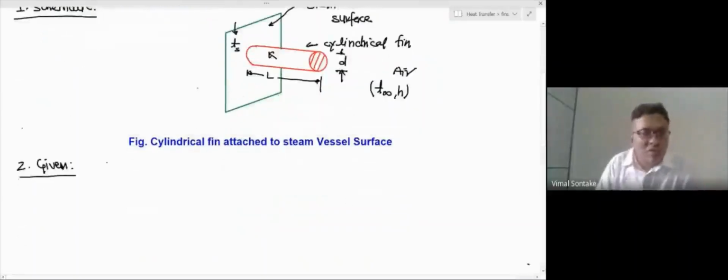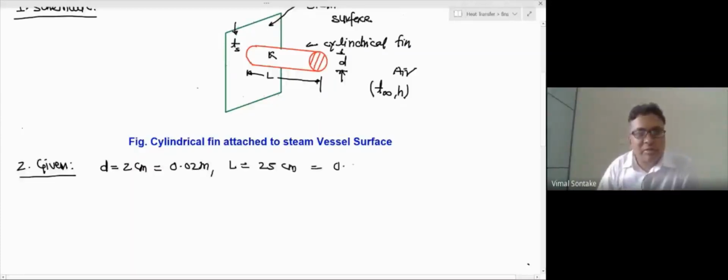So let us enlist. Diameter of the rod is given as 2 centimeter, that is 0.02 meter. Length is 25 centimeter, 0.25 meter. Ts is the surface temperature.